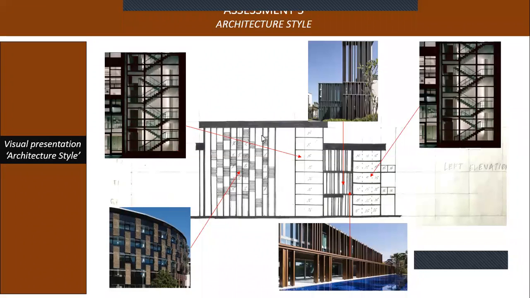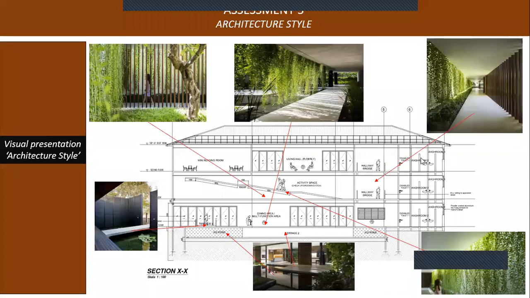Okay, so this one is the same. The reason why I use the glass and the louvers is still the same, just different. So this one is my section. This is actually my old section, and here you can see what I try to apply into my design.